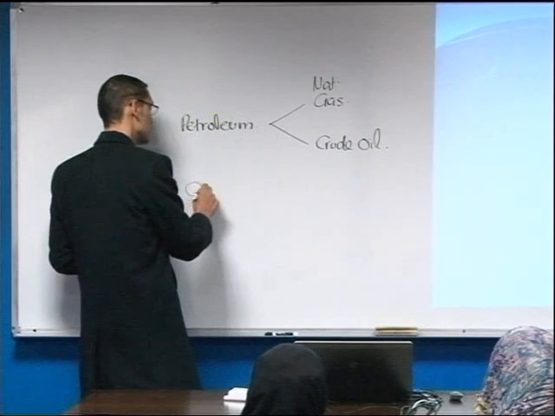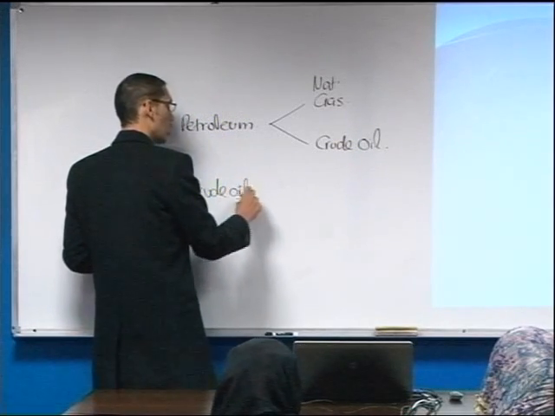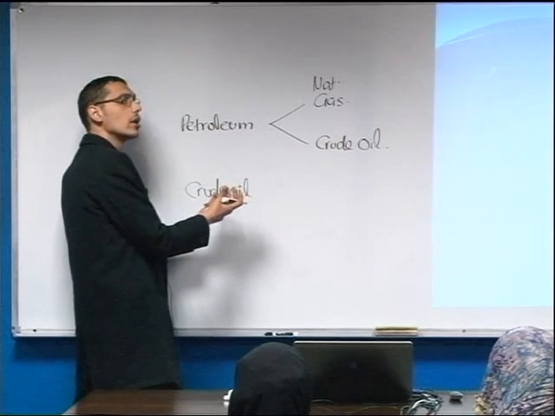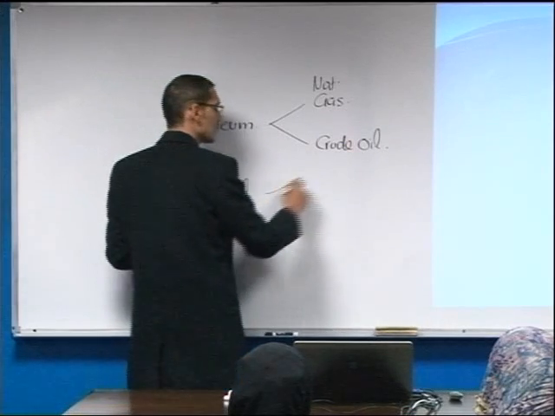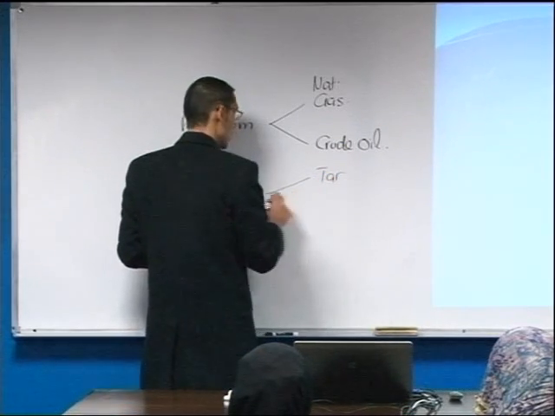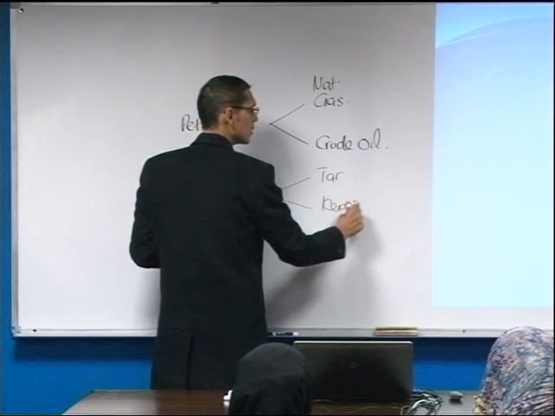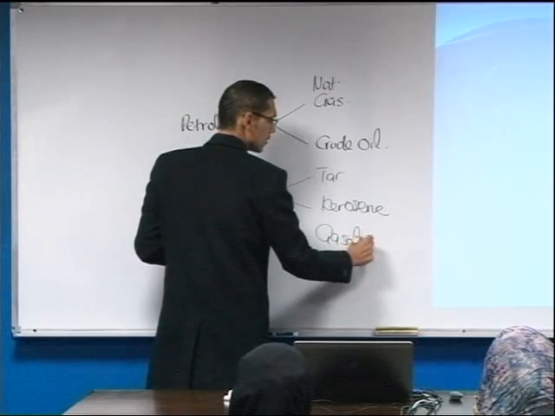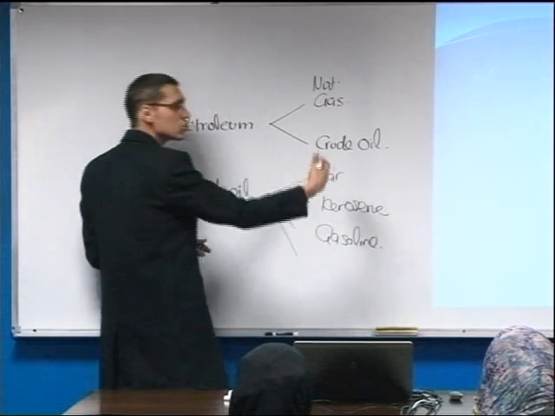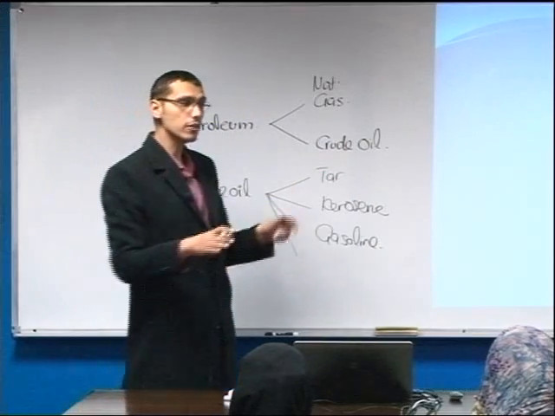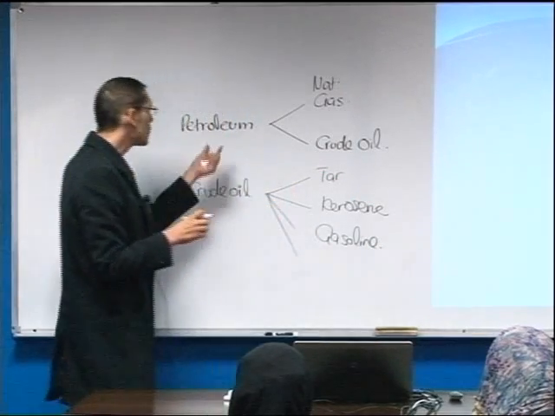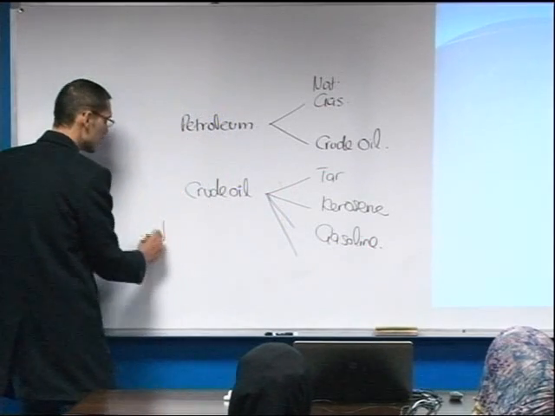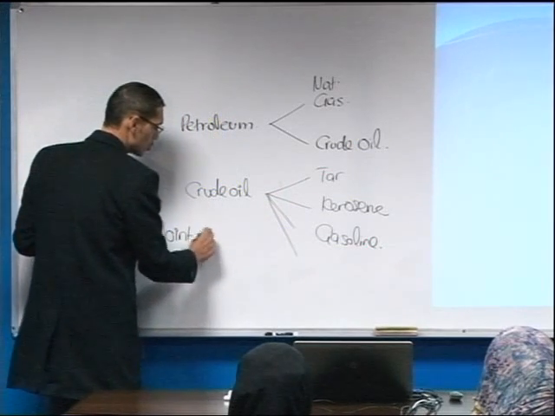The distillation of this crude oil will yield more than one product, like, for instance, tar, kerosene, gasoline, and so on, and so many different products. Therefore, the costs of such production processes are called joint costs.